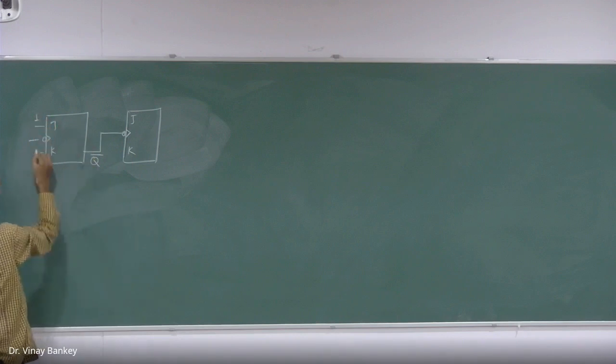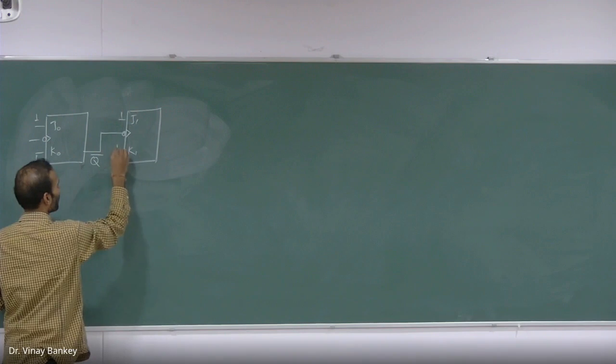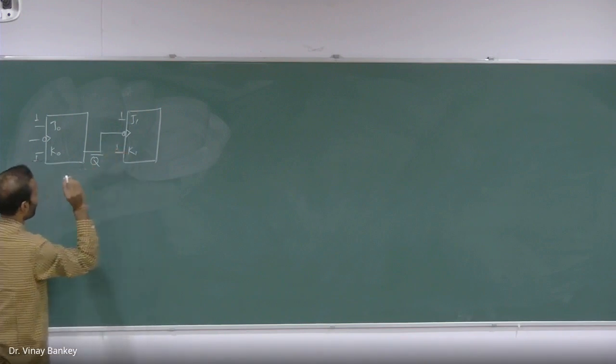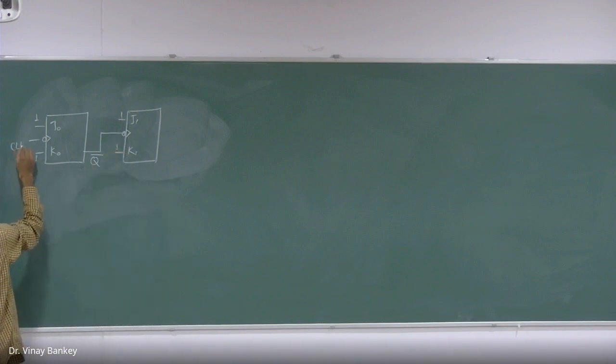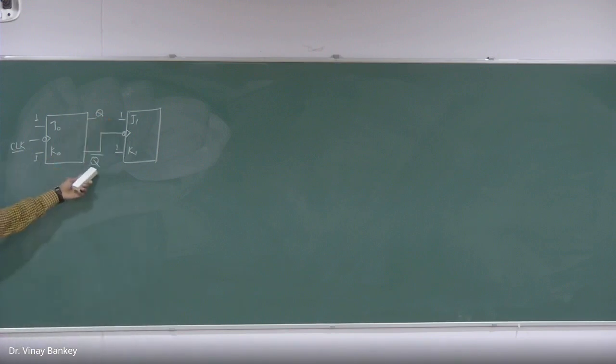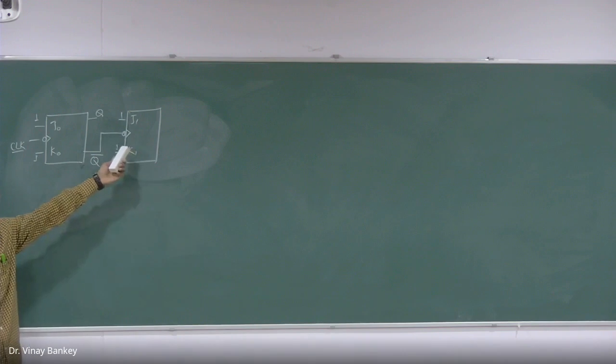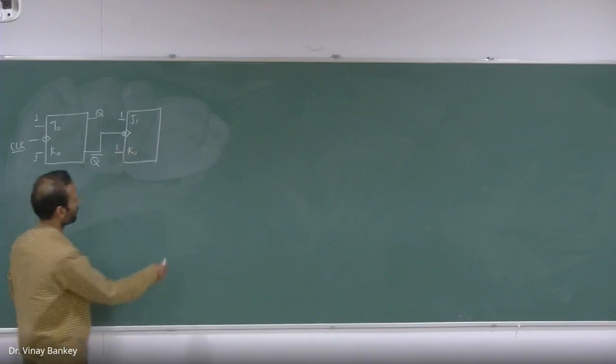So J0 and K0 both are high, J1 and K1 both are high. High means they are fed as logic 1, and now the clock pulse is connected in this manner. The complement output of the first one is connected at the clock pulse of the second one. Now try to analyze what happened.